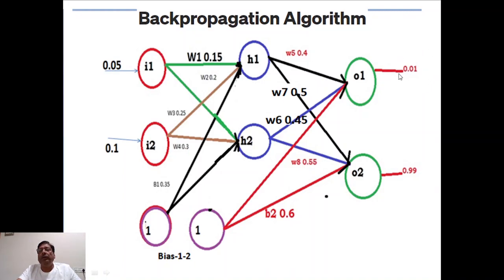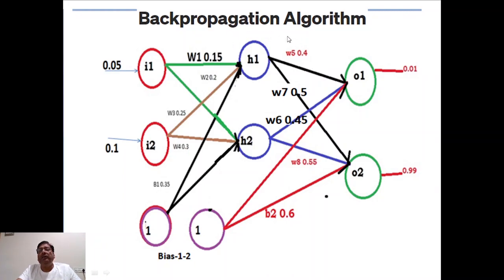Our output will be compared with the target output. If there is any difference, any kind of error between the target and the output generated by our model, then we are going to modify the weights that we provided at the beginning.